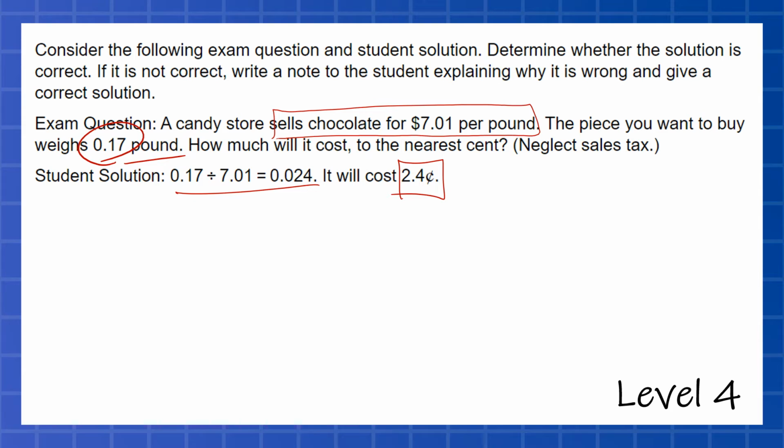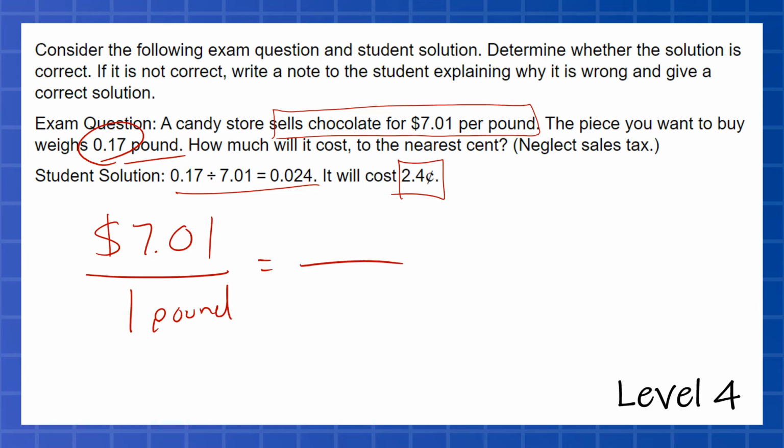Well, no, that's wrong. The follow-up is, why is it wrong? Or how would you do that the right way? Okay, so they did something wrong because 2 cents for chocolate is too cheap when they're selling it for $7 a pound. We need to make sure that we're selling it for the appropriate representation. So I'm going to do this with a proportion. I'm going to say $7.01 per 1 pound.